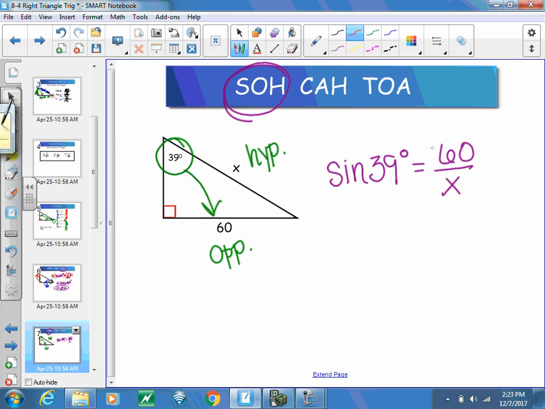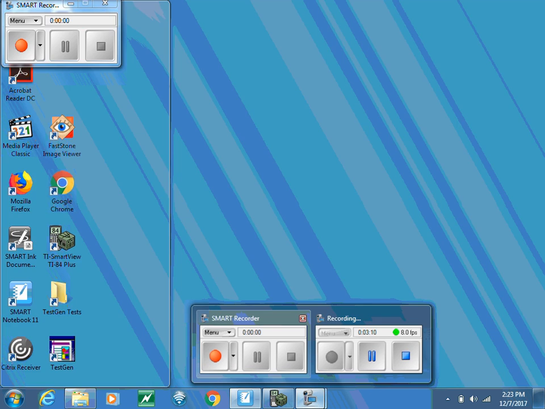Now, unfortunately here I can't just multiply both sides by 60 because 60 is not in our denominator. We have to multiply both sides by x to get x out of our denominator. So now it's x times the sine of 39 degrees.